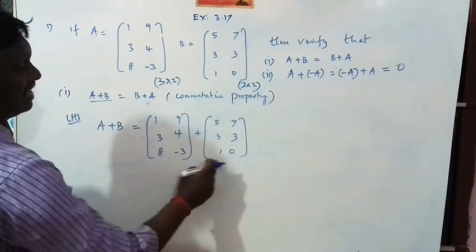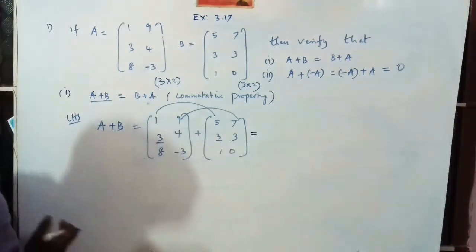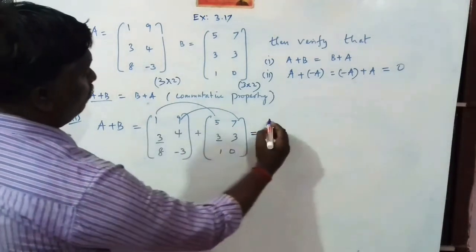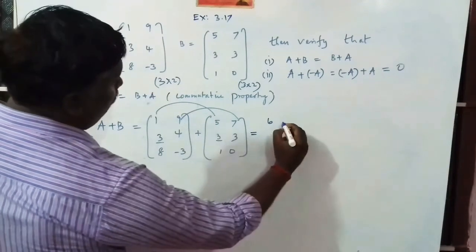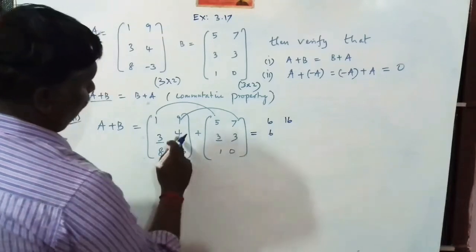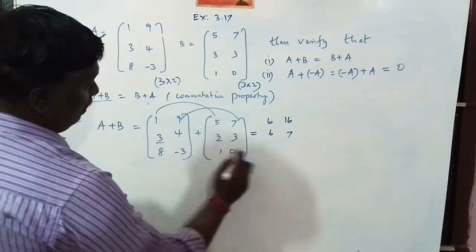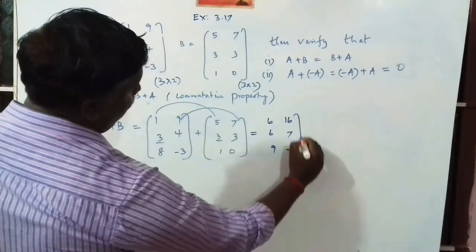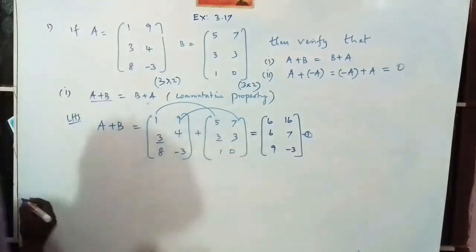Both the matrices are of the same order, so we add the corresponding elements. 1 plus 5 equal to 6. 9 plus 7 equal to 16. 3 plus 3 equal to 6. 4 plus 3 equal to 7. 8 plus 1 equal to 9. Minus 3 plus 0 equal to minus 3. So the left hand side is equation 1.